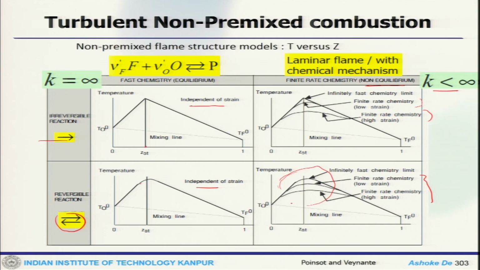And one important thing to be noted here is that the infinitely fast chemistry limit, which is an equilibrium limit, always produces the maximum temperature, and when you have the strain effect, that means the realistic flames, they do get exposed to the strain effect, and there the temperature comes down.